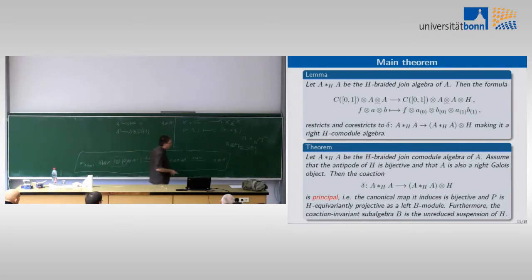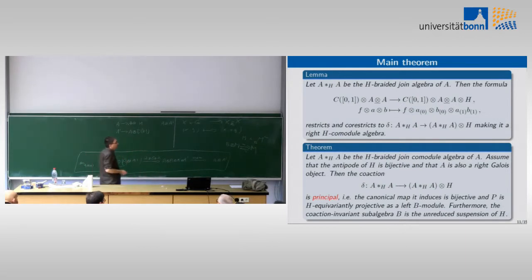So in order to make it equivariantly projective, I demand a bit more. I demand that the splitting S of the multiplication map not only is left B-linear, but is also right C-colinear. Okay? So there is an equivariant splitting. And so, of course, that's a slightly stronger condition, right? Everything which is equivariantly projective is necessarily projective, but not the other way around. It should not be confused with relative projectivity, which is a completely different animal.